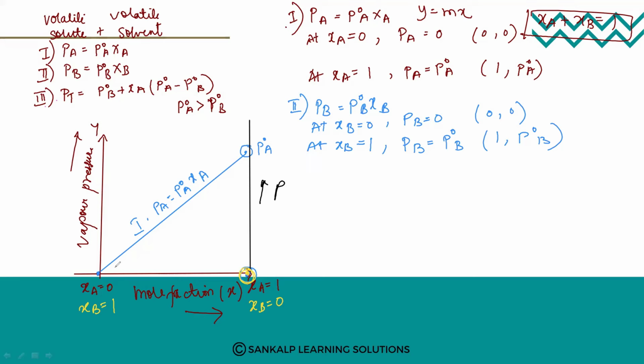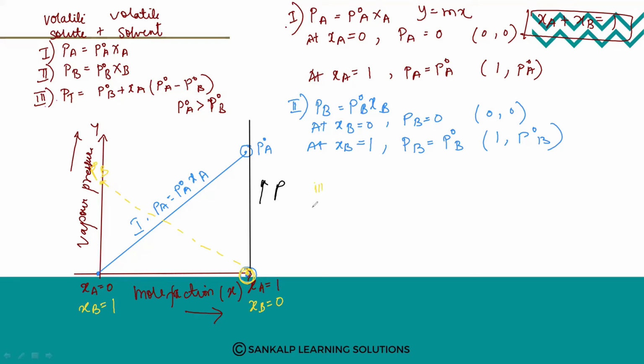Then when psi of B is equal to 1, the graph will be passing through here, so it will be like this. So this is your P naught B. This is your second graph.